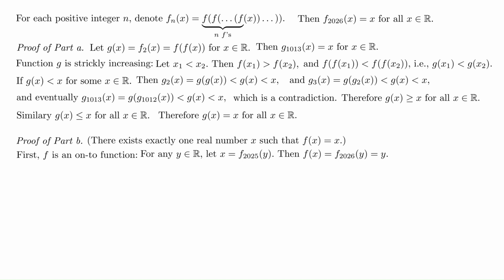Then f of x equals f^2026 of y, which equals y. Define another function h of x as f of x minus x. It is a sum of two strictly decreasing functions, f of x and negative x, and therefore is decreasing.